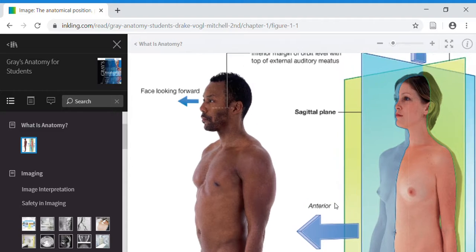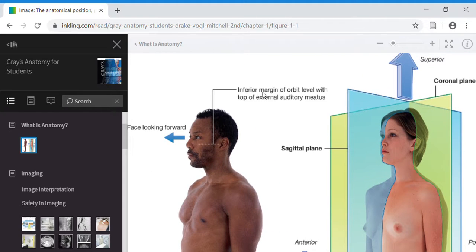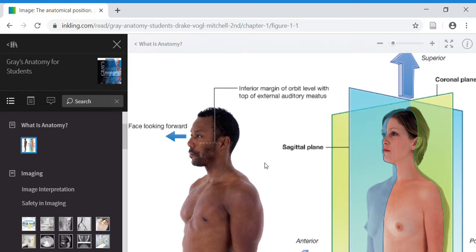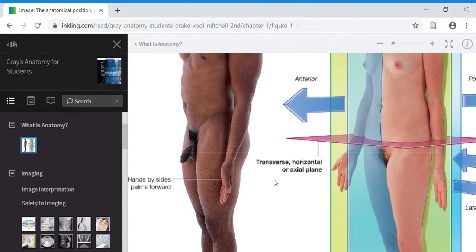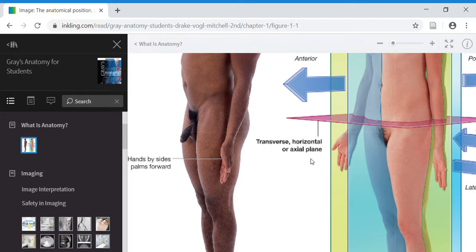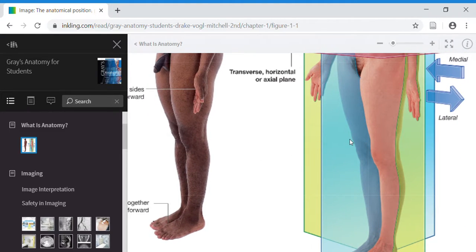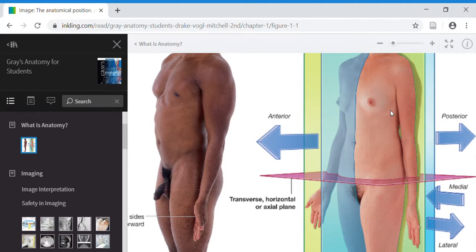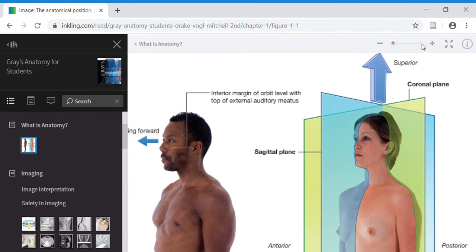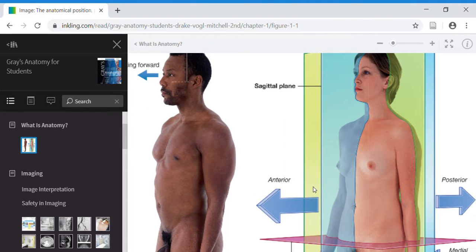So the face looking forward, the inferior margin of the orbit level with the top of the external auditory meatus, the hands by the side and palms facing forward, and the feet together. So while talking about the positions, you have the superior, coronal plane and sagittal plane, and you have the anterior side and also the posterior side.